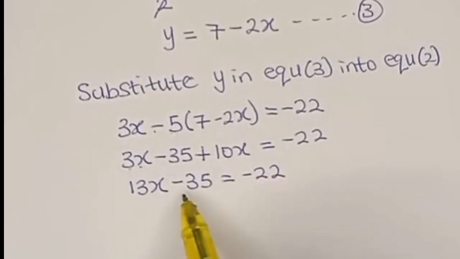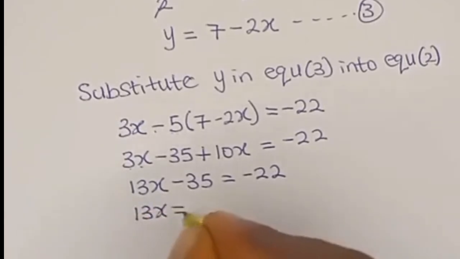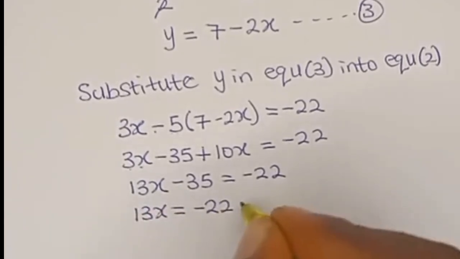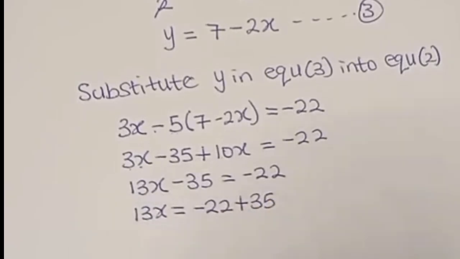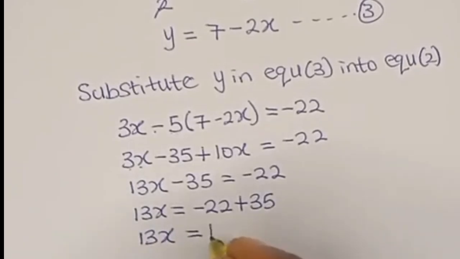So we're going to move minus 35 to the right. The minus sign is going to change to plus sign. So this will be 13x is equal to minus 22 plus 35. Minus 22 plus 35 is going to give us 13. Therefore, 13x is equal to 13.